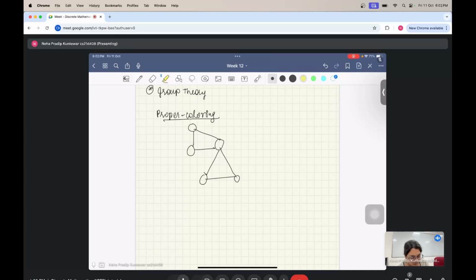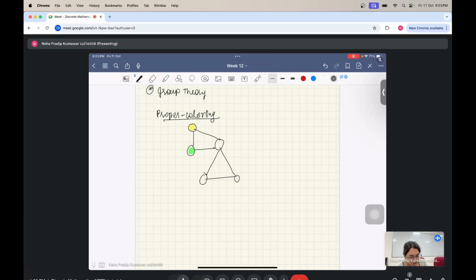So for example, if I color this guy with red, then I cannot color this one with red, so I color this with yellow. Then I cannot color this one with yellow again, because these two are adjacent and I don't want neighbors to get the same color. So I pick a different color and color it with this.